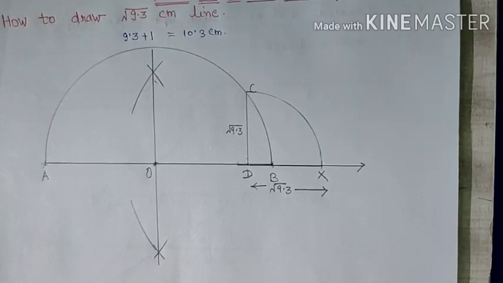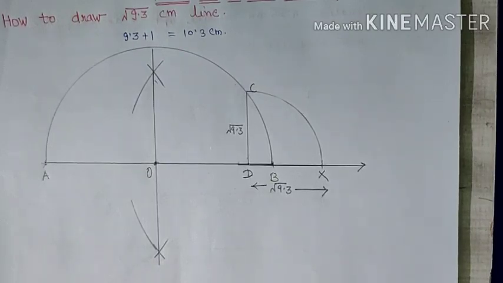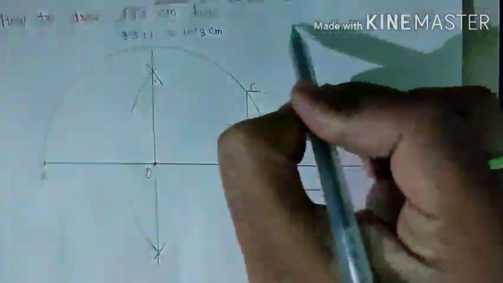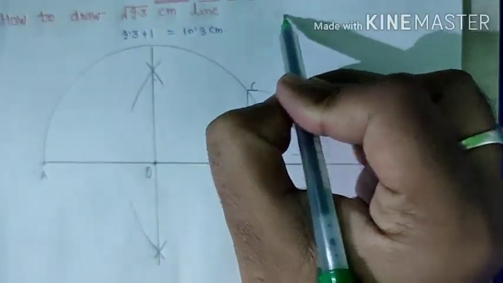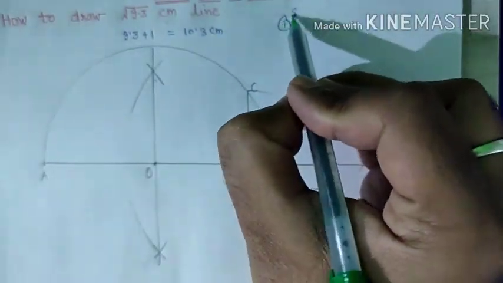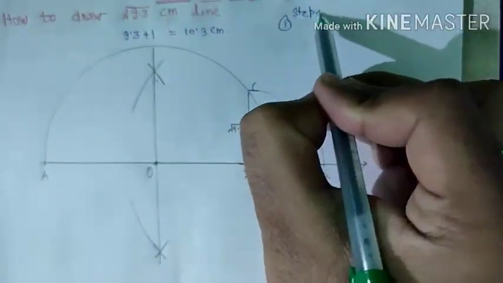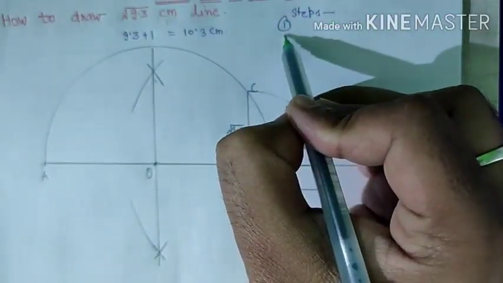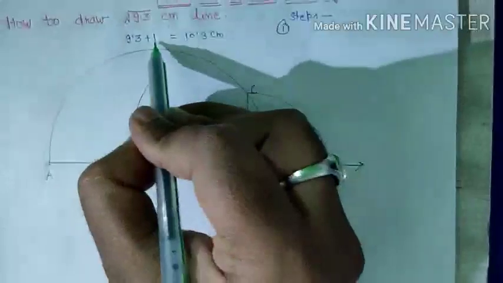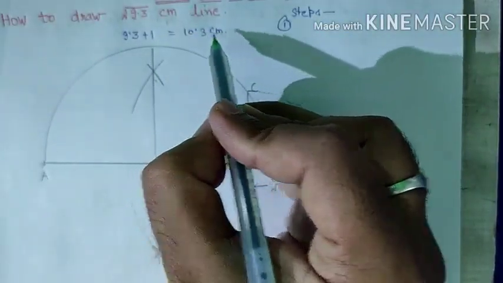In this question you have to write the steps, and you can write whatever you are doing, just keep writing steps as you do in construction work. Just write steps by pointing: step 1, you drew a 9.3 plus 1, 10 centimeter line.